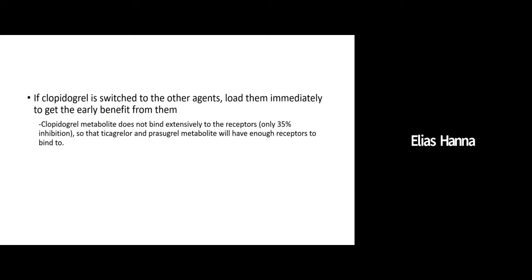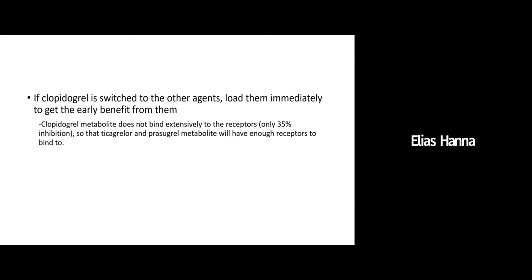Now, on the other hand, if you're switching from Plavix to Ticagrelor or prasugrel, you don't need to do that. You can load immediately with the other agent. So, for example, if the ER has given the patient Plavix load, or on the floor in ACS they have given the patient Plavix load, and you want to give them Brilinta, you can immediately decide to give the patient Brilinta, even though he took the Plavix load 2 hours or an hour before.